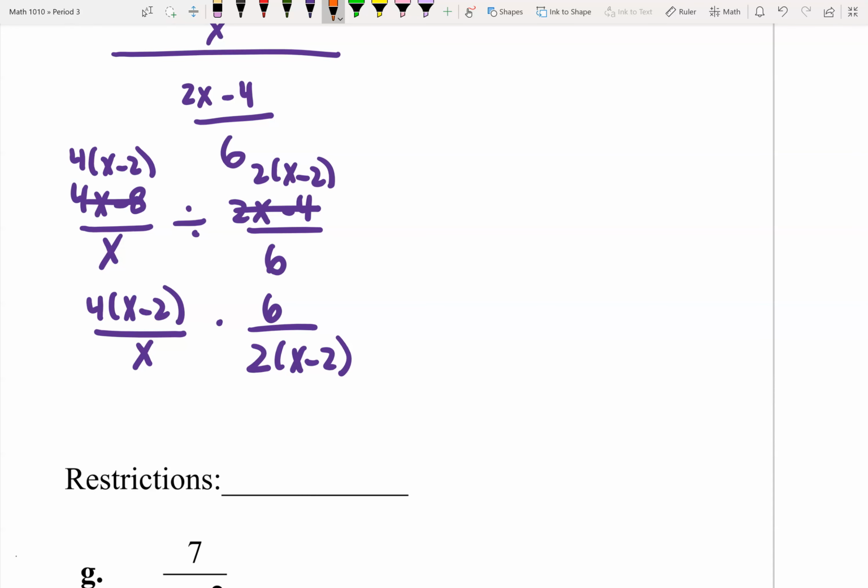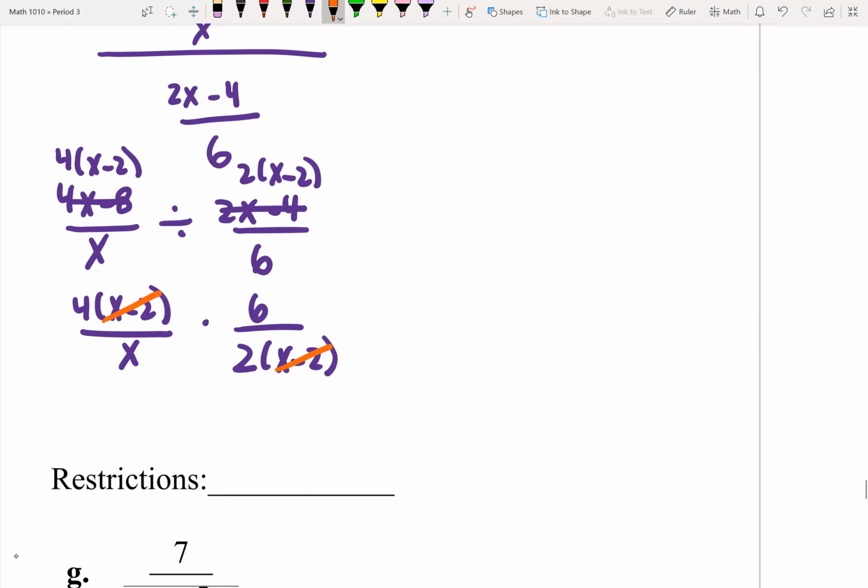So x minus 2 cancels with x minus 2. Does anything else reduce, guys? Yes or no? The 2 is going to cancel with either the 4 or the 6. Doesn't matter. 2 goes into 2 once, 2 goes into 6 3 times. So on the top, 4 times 3 is 12. On the bottom, you have an x, and you're done.